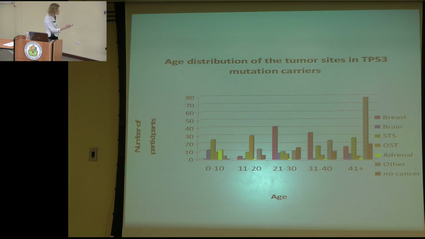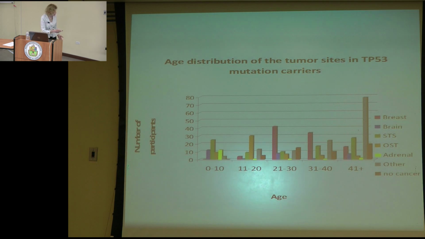So this is age distribution in p53 mutation carriers, in a group that we have studied. I want to explain that the no cancer group should be ignored, because historically, if someone didn't have cancer and was a young child, the general consensus in genetics was if you couldn't do something about it, you didn't test someone.